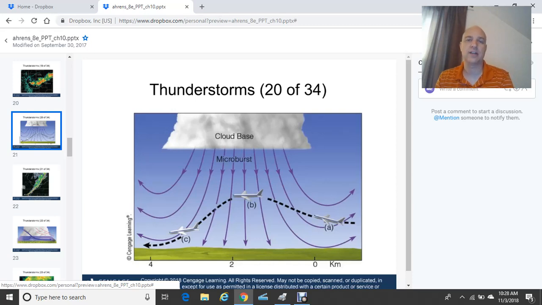Now the cool thing is after a couple of really tragic aviation accidents back in the 1980s, the Federal Aviation Administration, the FAA, decided to install low-level wind shear alert systems. So there's actually ways to detect the rapidly changing air currents in association with thunderstorms around airports now, which will help give the pilot a good indication of whether he should attempt landing or not.